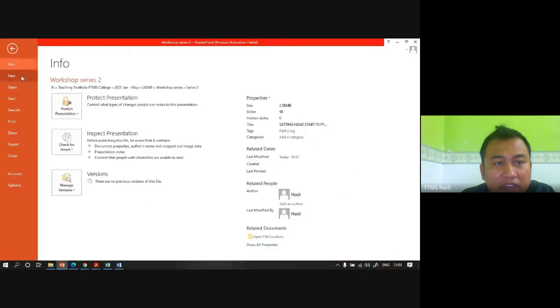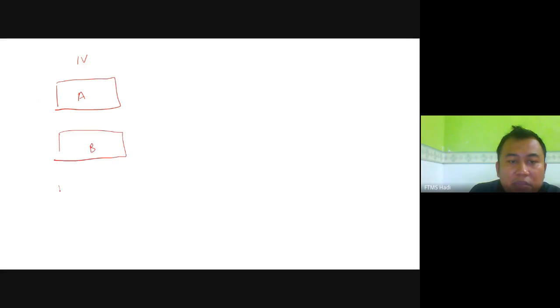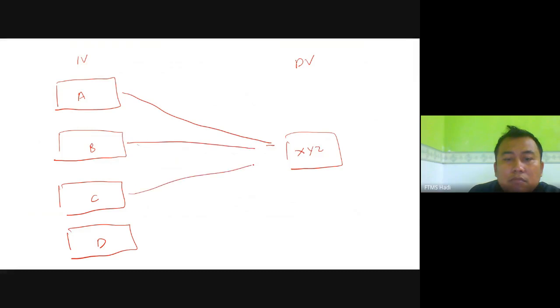It's quite funny, whereby the conceptual framework is like this: variable A, variable B, variable C, variable D as the independent variables, and then your dependent variable, which is X, Y, Z. They just draw it like that.